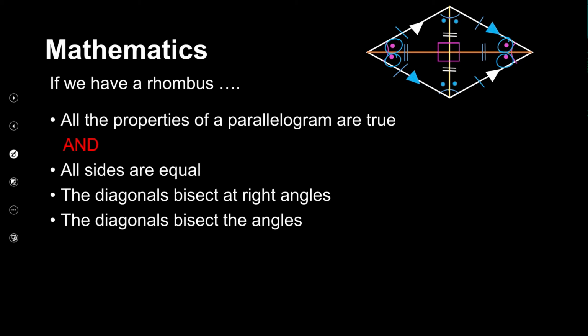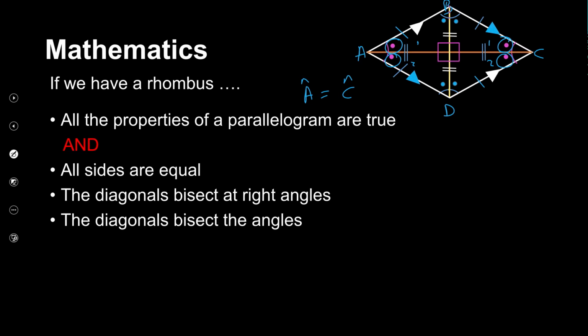But hang on, I was told that if I call this A, this B, this C, and this D, A is equal to C. So what does that mean? It means A1 and A2 are equal, together with C1 and C2 which are also equal.